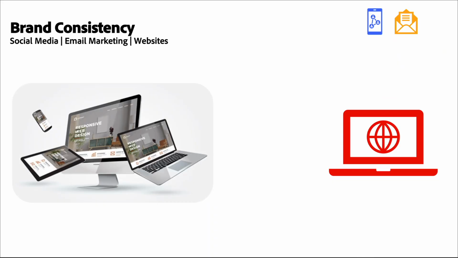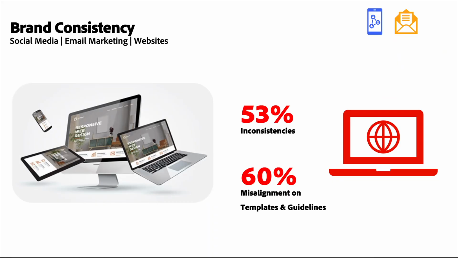A 2023 report by SEMrush indicated that 53% of brands experience inconsistencies in tone, style, and messaging in their blog content. And these are primarily due to contributions from different teams or freelancers.